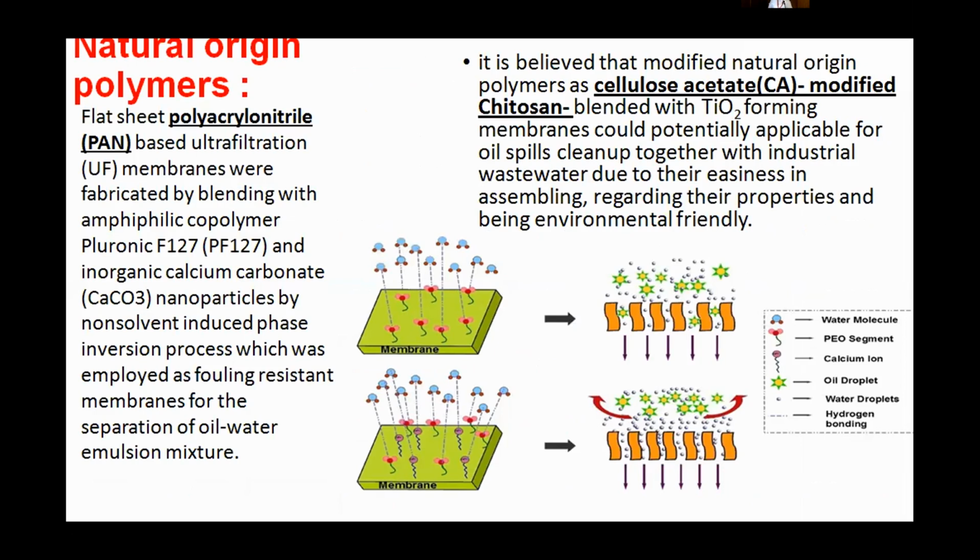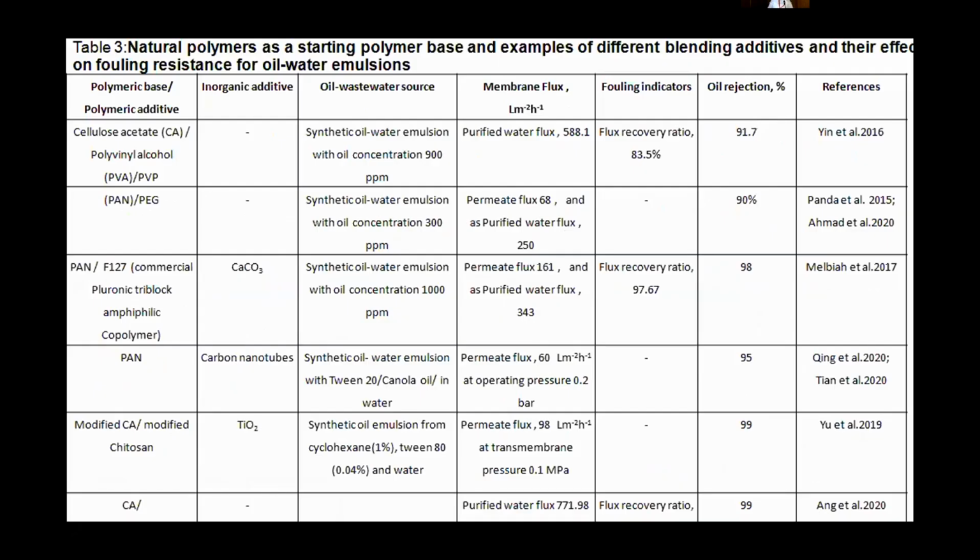Also, natural-origin polymers, depending on polyacrylonitrile, as we have illustrated in our example, which is the commercial one. Also, the application of cellulose acetate, modified chitosan, and some other polymers can be used many times. Here you can find in the references that all of them are recent trends from 2020 and 2 or 3 years before.